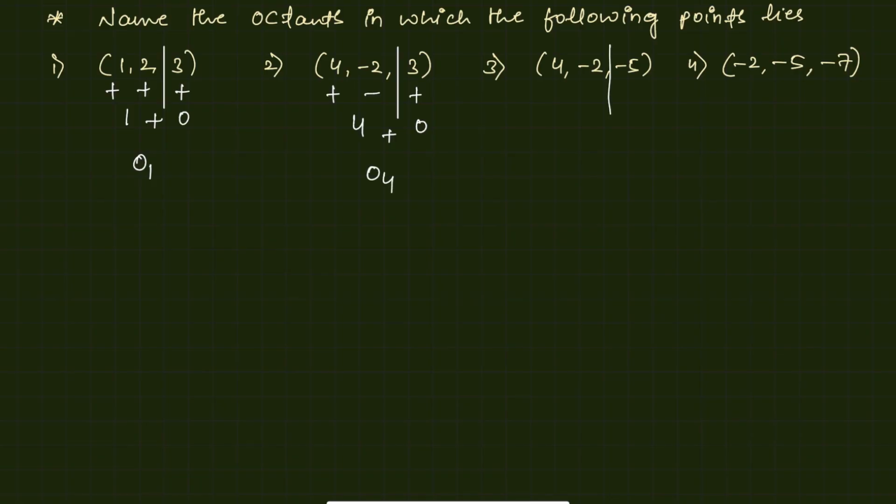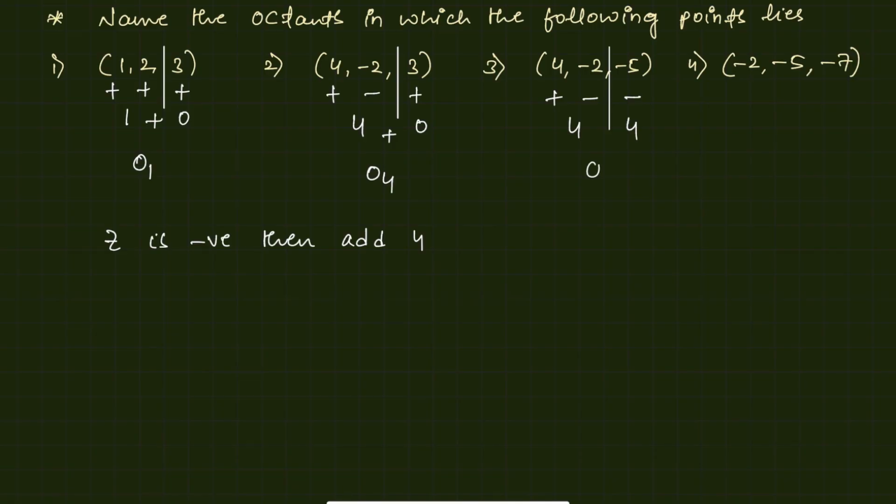Now 4 comma minus 2 comma minus 5. X positive, y negative, fourth quadrant. Z is negative, so add 4. Here z is negative, we are adding 4.